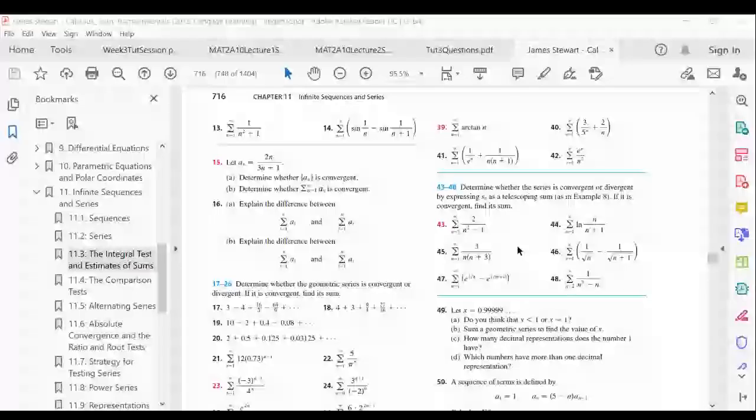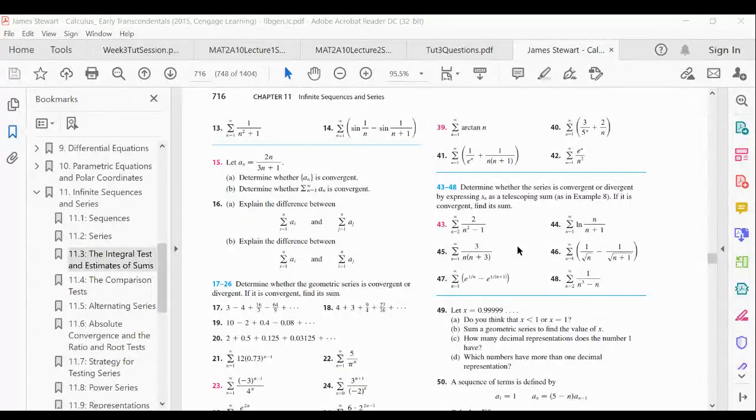Okay, so now you should see it. So there's question 40 in the top right corner of the screen. The sum from n equals 1 to infinity of 3 divided by 5 to the n plus 2 divided by n. So I'll go through what I explained before, and then I'll stop sharing and switch over and show you the notes, the thing that I'm referring to.